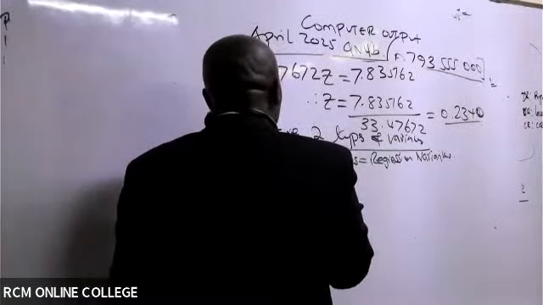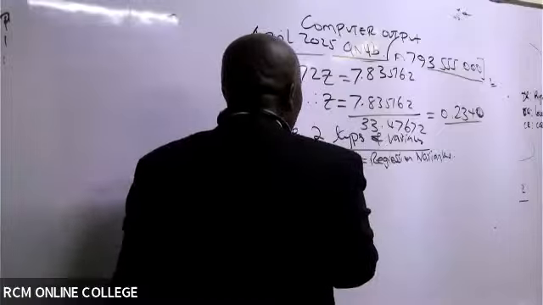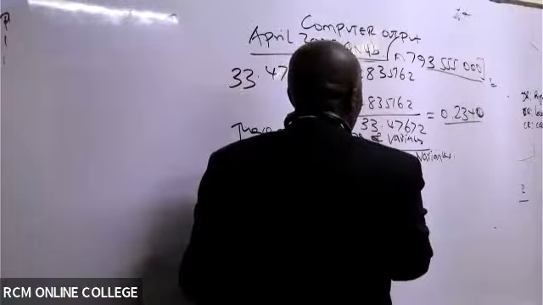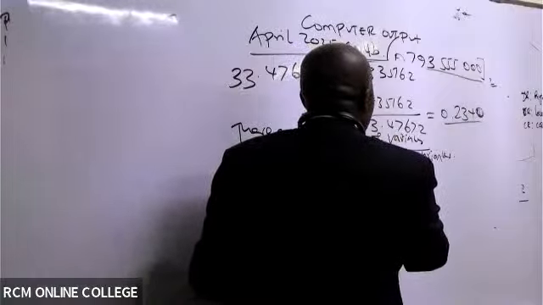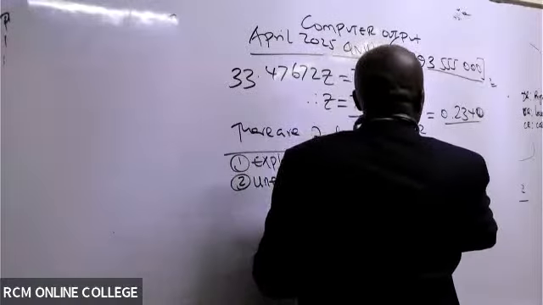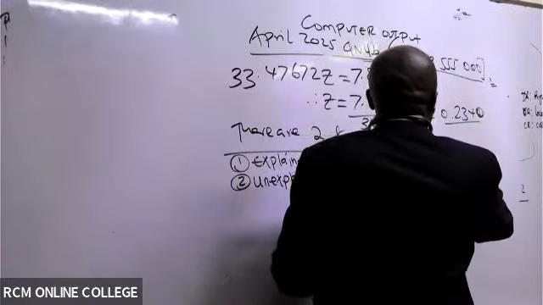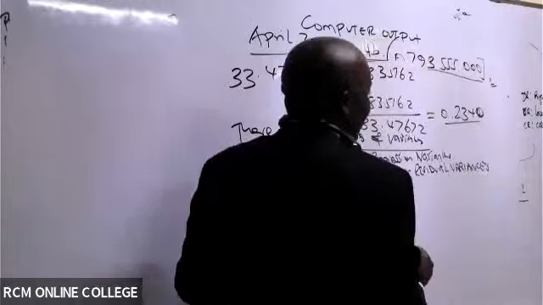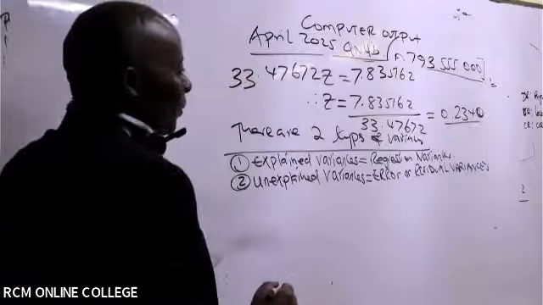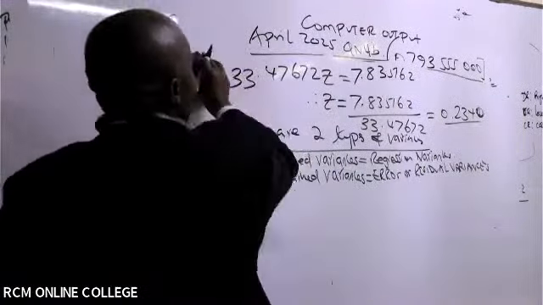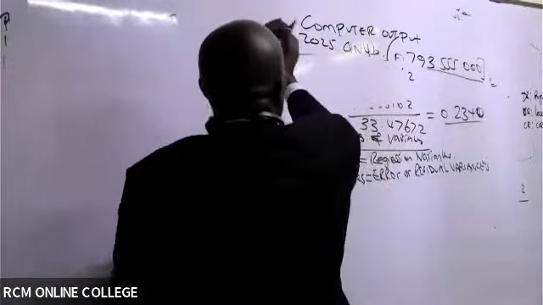And then number two, we have what we are calling unexplained variances. These are the error or residual variances.